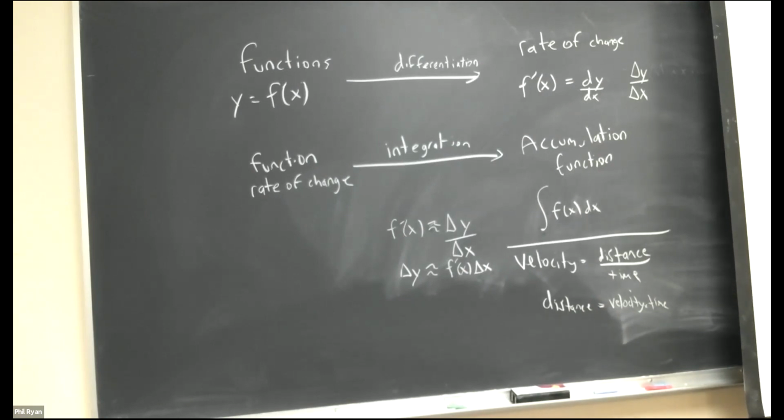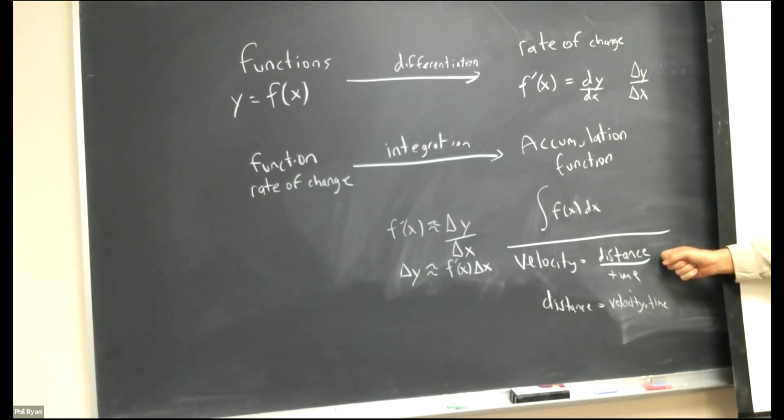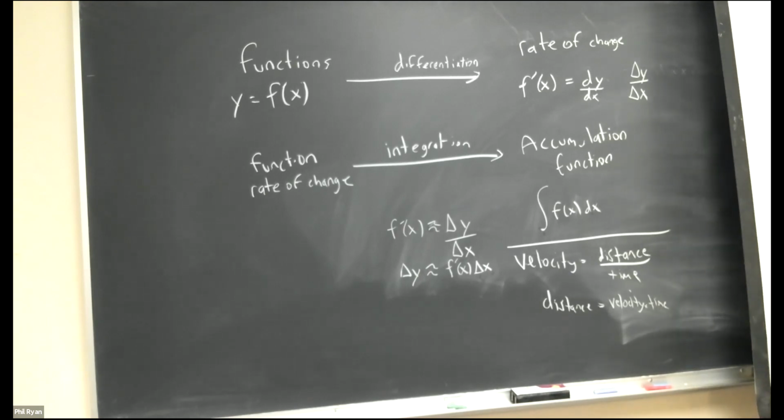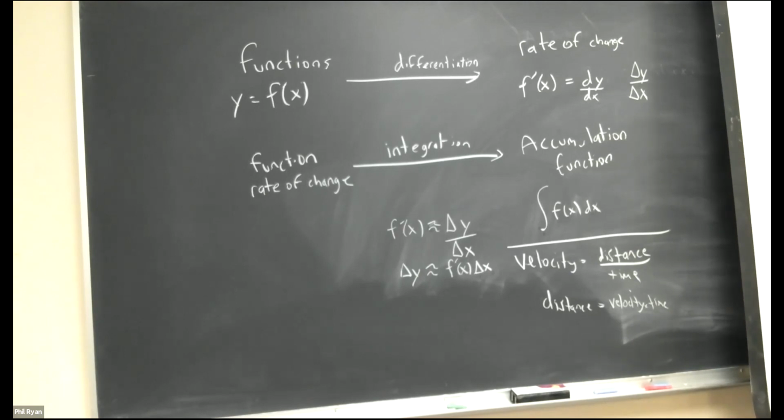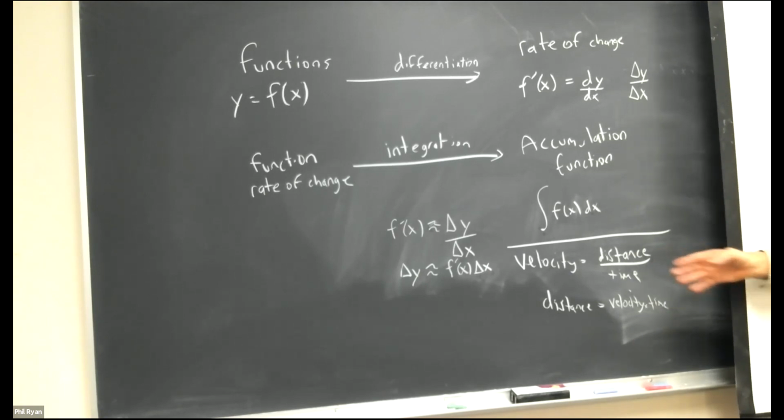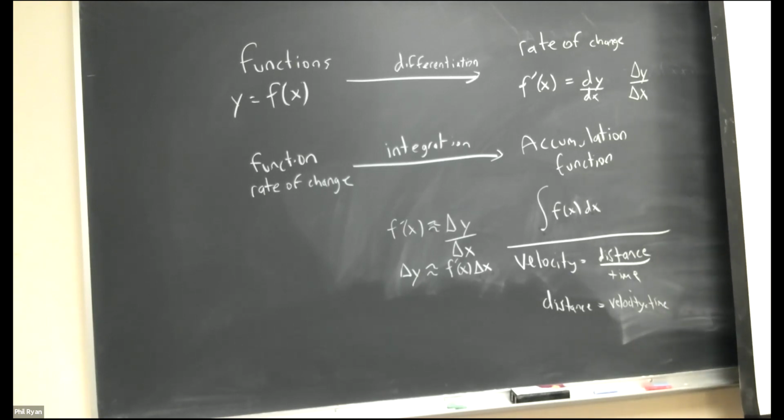Now, I'm not saying anything really difficult there, right? What is hard is the situation where you're traveling at different rates at different times. That's why we had to talk about a derivative to make sense of what happens when distance varies over time.